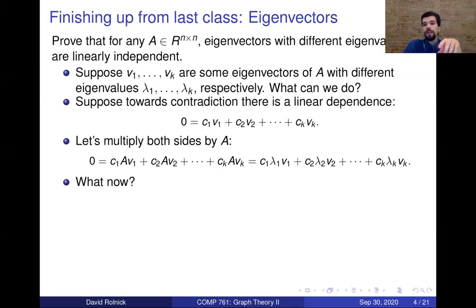Some of the eigenvalues could be 0, or I guess they're different eigenvalues, so one of them could be 0. Eigenvalues can be 0.